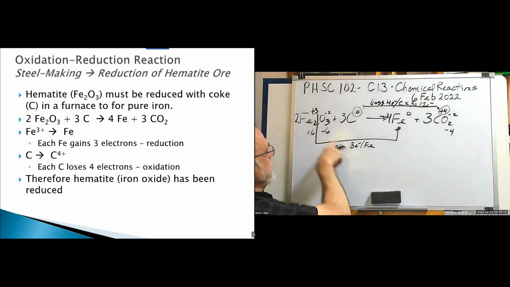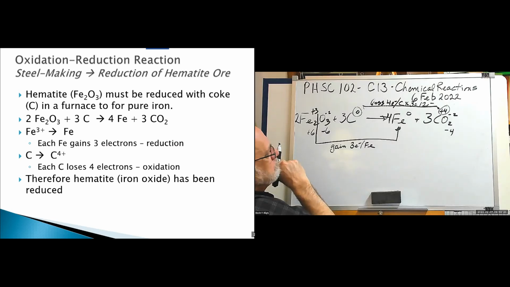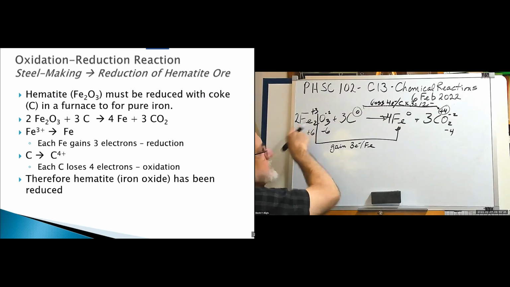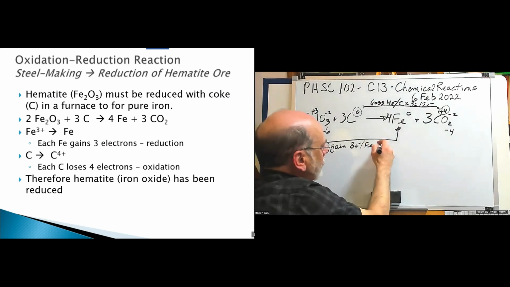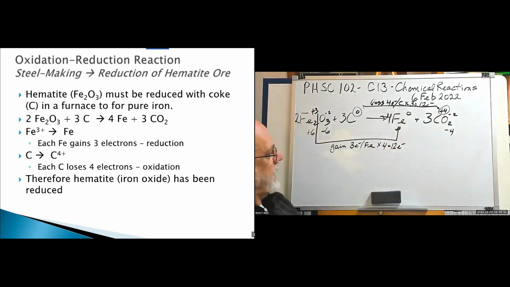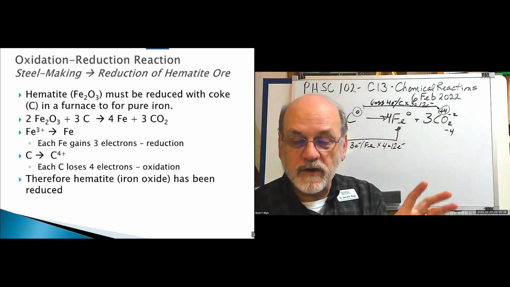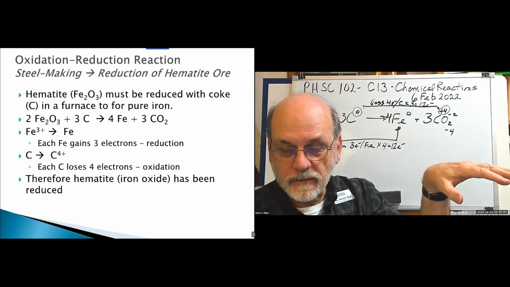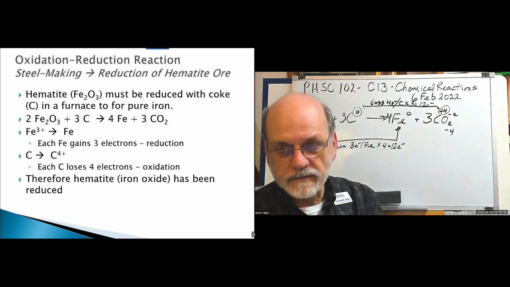And this is 3 electrons times 2 times 2 is 4 times 4 ions equals 12 electrons. Okay, so we have the same number of electrons transferred from oxidation and from reduction.